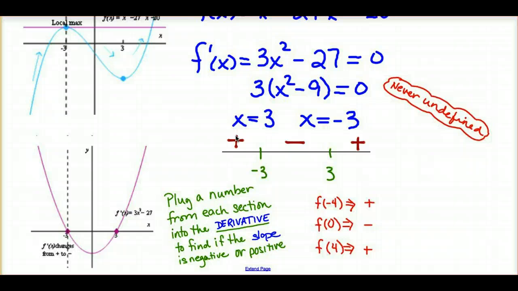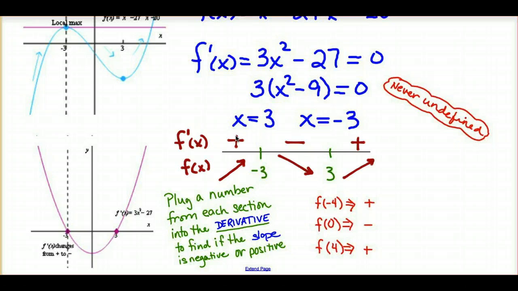And what I have done here is figured out the sign of f prime at x. So my original graph now is going to be increasing on this interval, decreasing on this interval, and increasing on this interval.